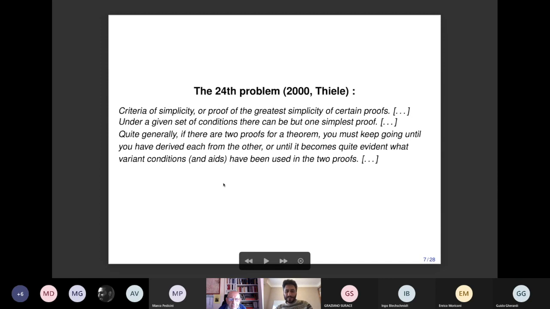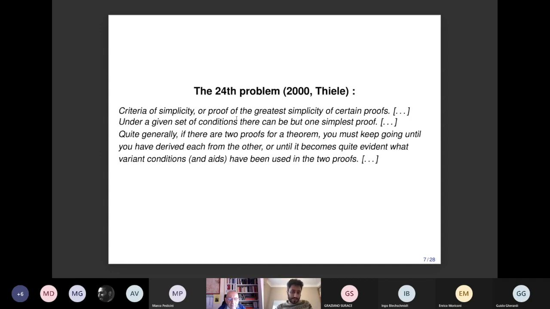Now, of course, in the 1900s, the mathematical language was mature enough to have some formalism. But if you think of the formalism for proofs, in the 19th century, there was not so much. There was not natural deduction. There was not sequent calculus. There was very little.